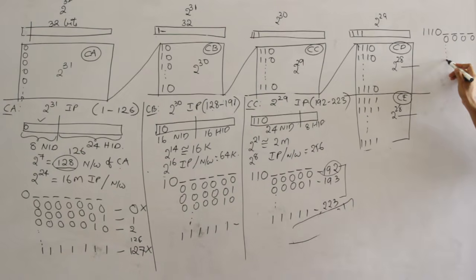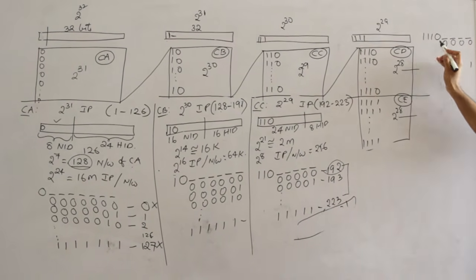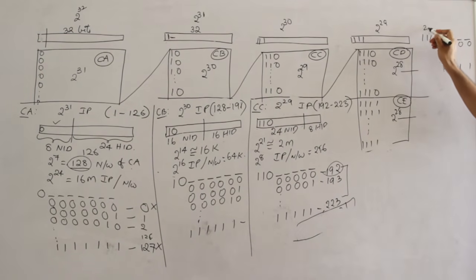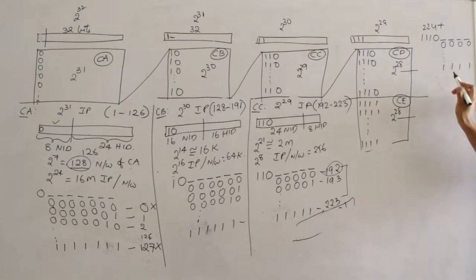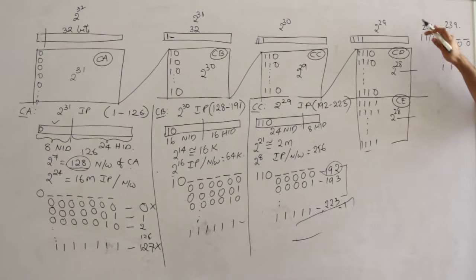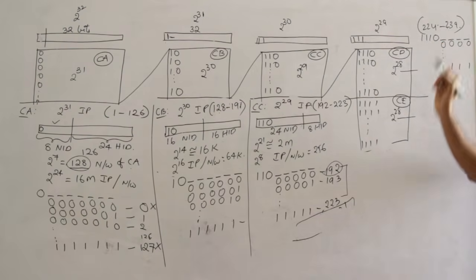And what is the last one? 1 1 1 1. Therefore the range of class D is 1110 followed by all zeros, which is 224, plus 4 ones, which is 15, so 239. Therefore the range of class D is 224 to 239.